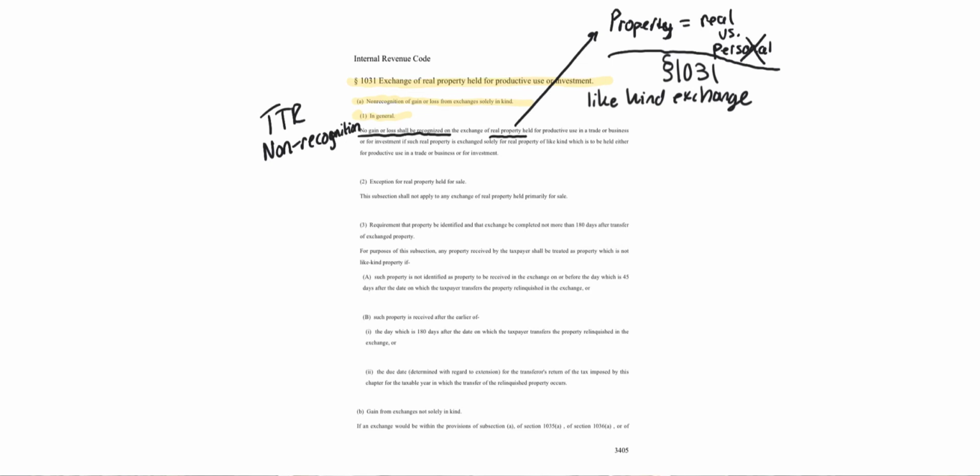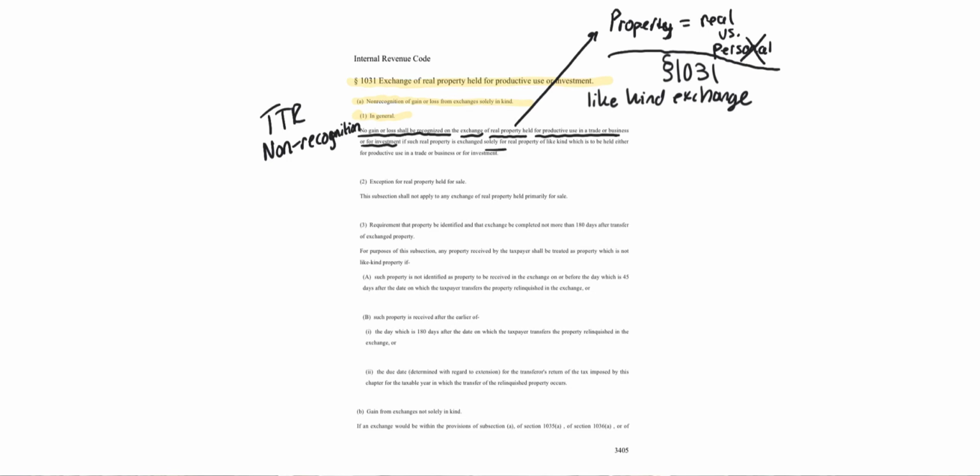So conditions, so no gain or loss is recognized. That's the tax treatment rule. On the exchange, that's the first requirement, of real property held for productive use in a trade or business or for investment. So that's the next one. So held for productive use in a trade or business or investment. If such real property is exchanged, so solely for will be the next one.